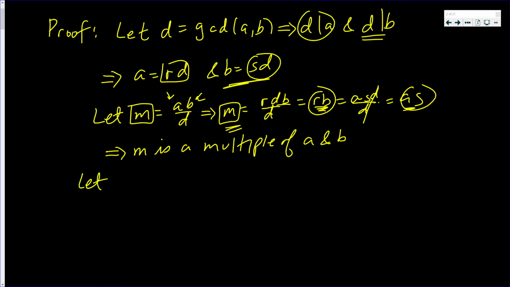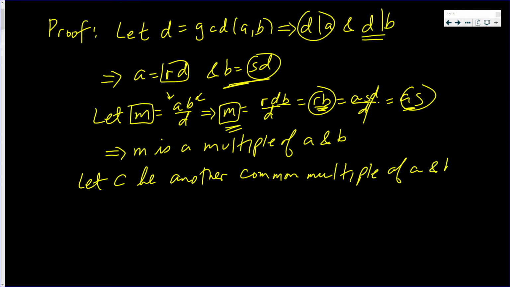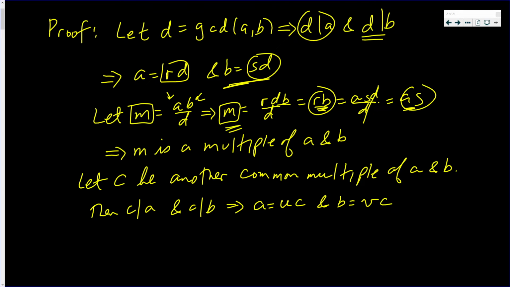So what you do then is you let C be another common multiple of A and B. Then A divides C and B divides C. That implies A is some multiple of C and B is some multiple of C. A equals UC and B equals VC.